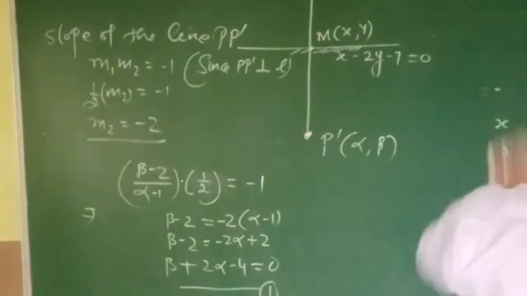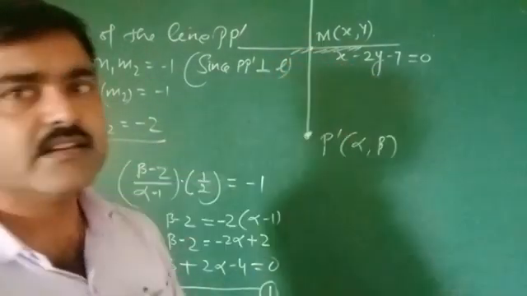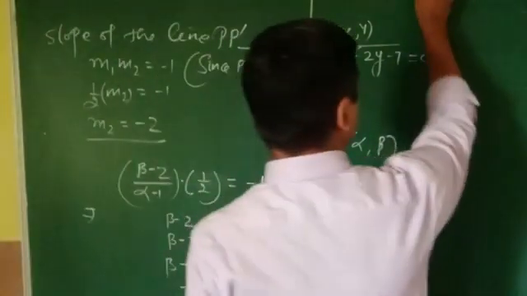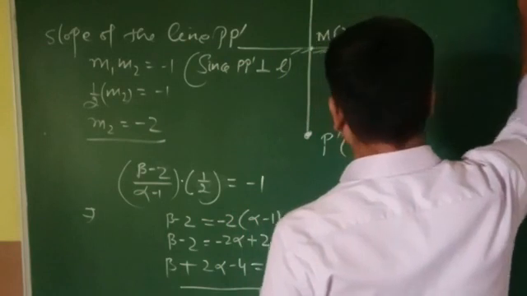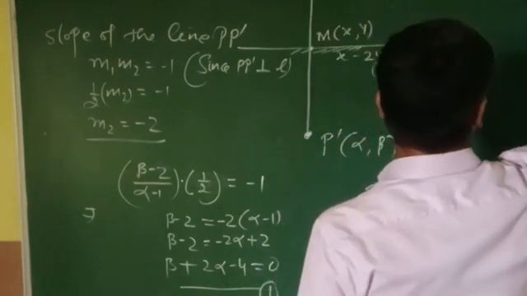Now once again, this is the midpoint and this midpoint lies on the line, so it will satisfy the line. Here M(x, y) = ((alpha + 1)/2, (beta + 2)/2).